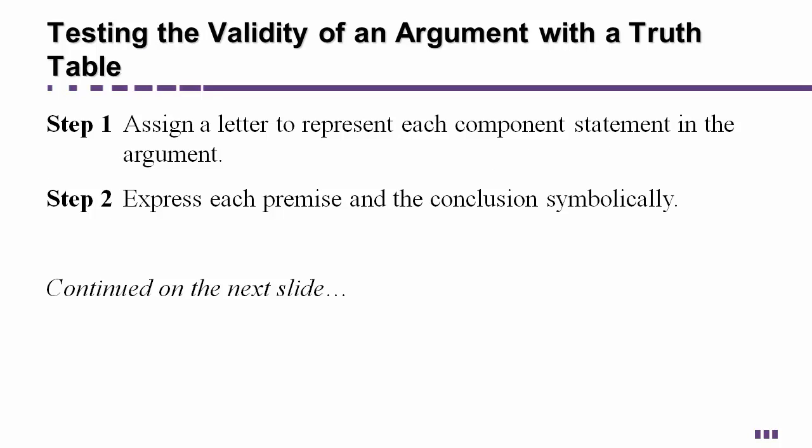Well, the first thing we need to do is assign a letter to each piece of the argument. Then we need to express each premise and the conclusion symbolically using conjunctions, disjunctions, conditionals, i.e. the ors, the ands, and the little arrows.